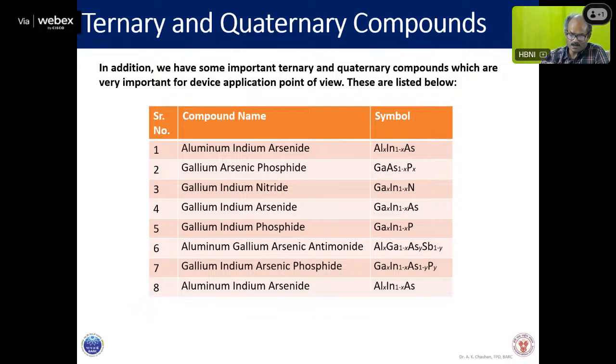Now we have aluminum indium arsenide, gallium arsenic phosphide, gallium indium nitride, gallium indium arsenide, gallium indium phosphide, aluminum gallium arsenic antimonide, gallium indium arsenic phosphide, and aluminum indium arsenide. So these are the ternary and quaternary compounds used in semiconductors.